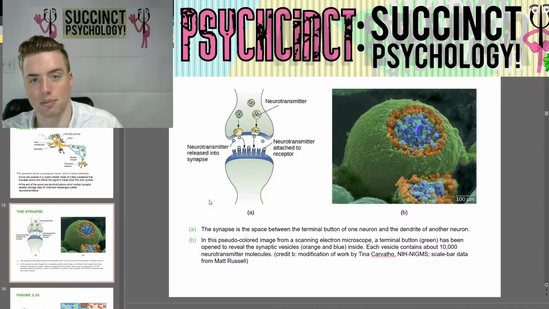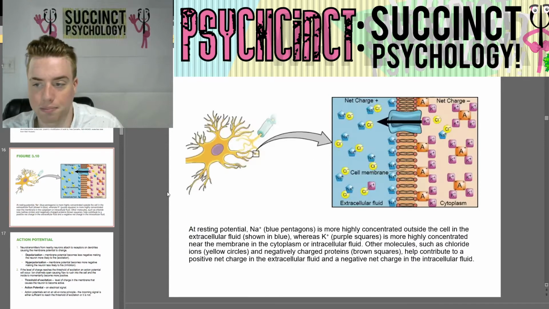So, pretty interesting. Now, at resting potential, Na+, these blue pentagons, are more highly concentrated outside the cell in the extracellular fluid, shown in blue. Whereas K+, purple squares, shown here, are more highly concentrated near the membrane in the cytoplasm or intracellular fluid.